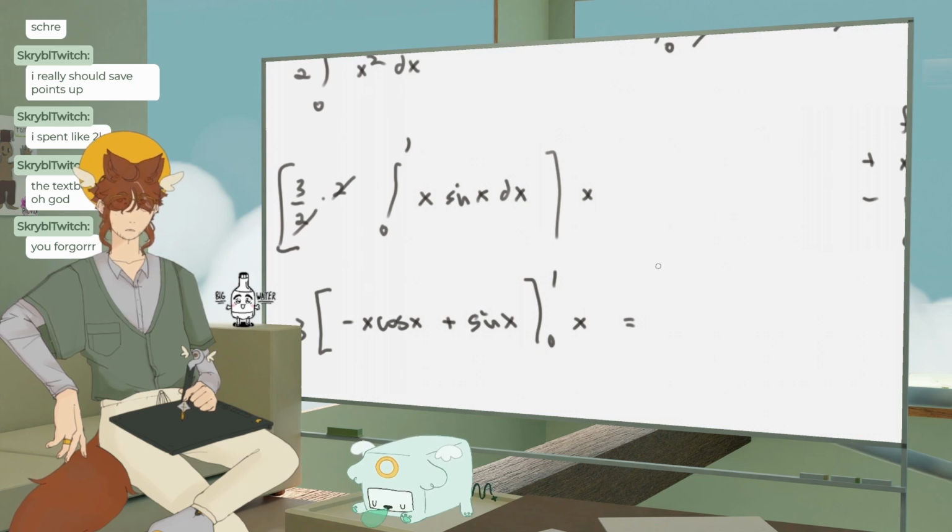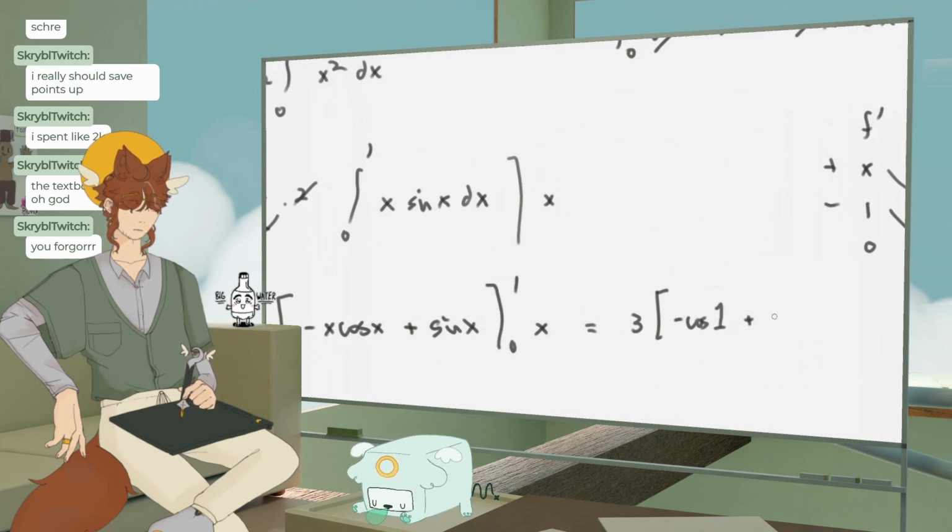Okay, so for 1, we're gonna get, what's cosine of 1? Wait, cosine of 1? Good thing I didn't say anything there. The cosine of 1 is like nothing. Well, it's not nothing, but it's just not something that we know. So negative cosine of 1 plus sine of 1.